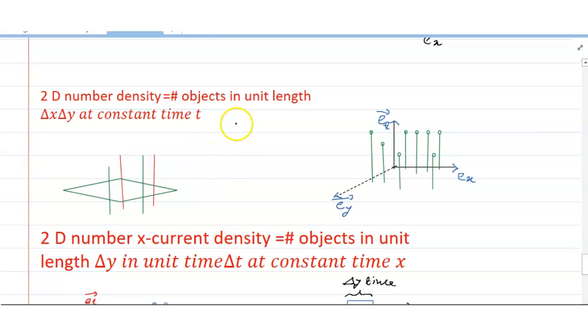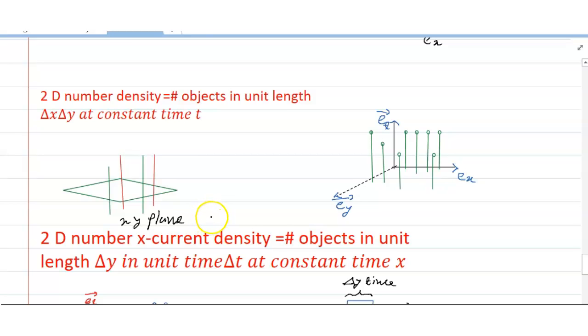2D number density is the number of objects in unit area, del x and del y, at constant time t. This is the same as drawing a square at a constant time, in the xy plane, and counting how many world lines pass through it.